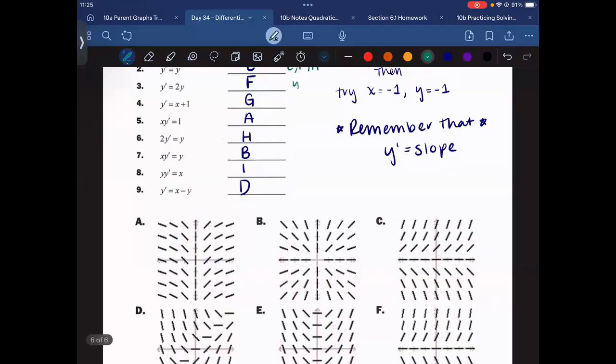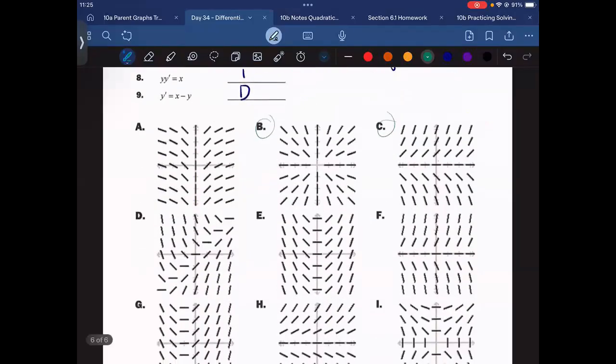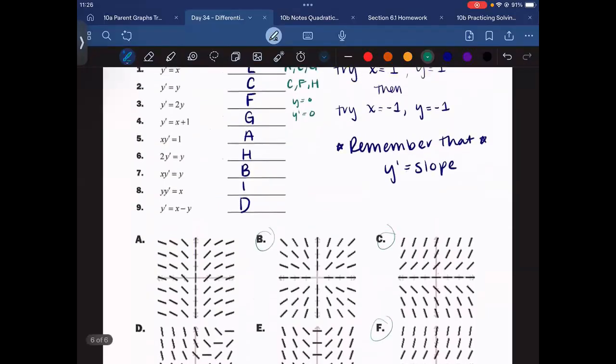If y equals 0, then our y prime is going to be 0. So we have B, C, F, and H that are all possible ones, just for the initial one that I selected. Let's do y equals 1. Everywhere y equals 1, that'd be a slope of 2.